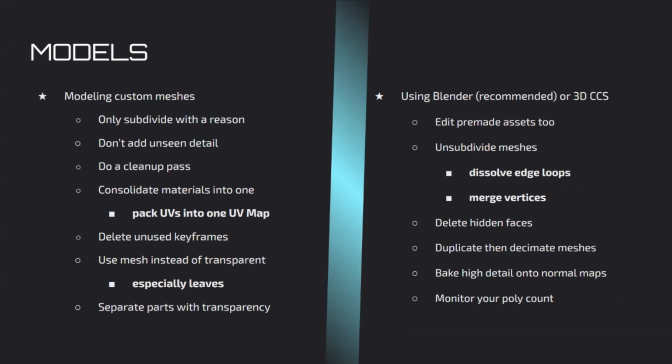But so I provided two columns. If you're modeling custom meshes, you have the opportunity to be more thoughtful about how you're designing your work. And my big advice is only subdivide with a reason. By subdividing, I mean adding edge loops, using a subsurface mesh modifier.